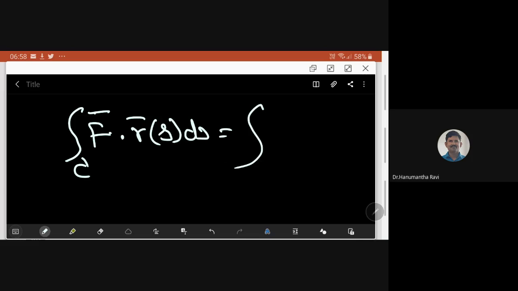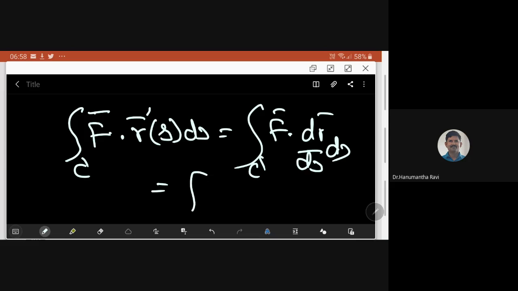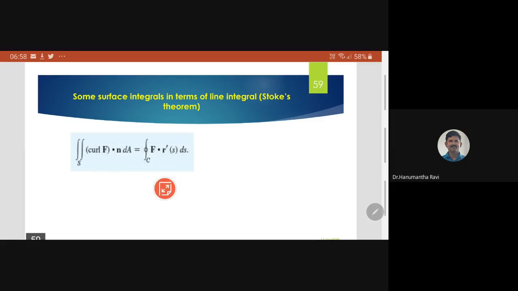So that is nothing but f bar dot dr bar, because r bar dash means dr bar by ds. That is nothing but length.